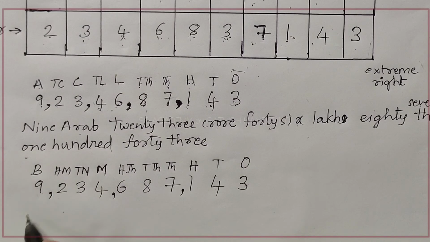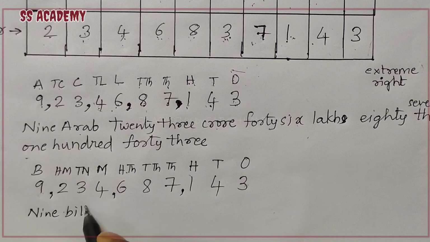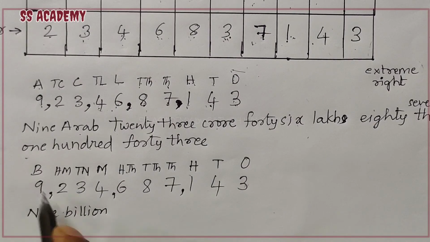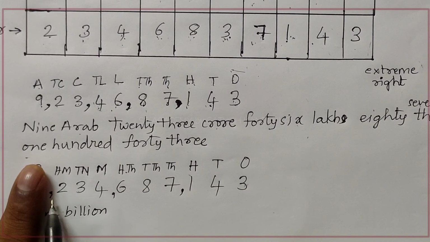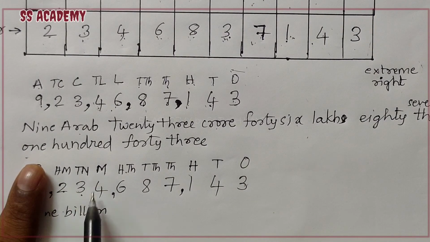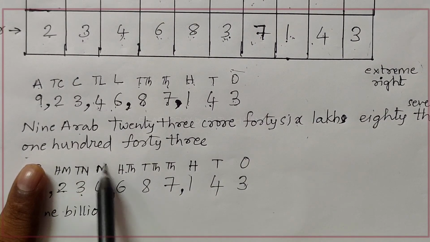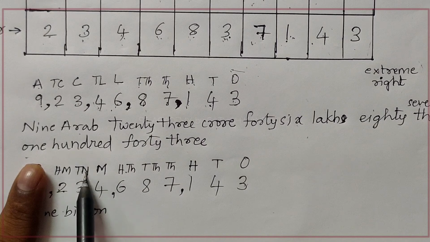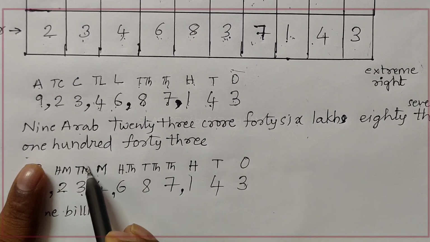So write 9 billion. Billions are done. After billions, we have 2, 3, 4. How many numbers are there? 3 numbers, and all these 3 numbers are under millions category: 100 millions, 10 millions, millions. That means this whole number is under millions category.